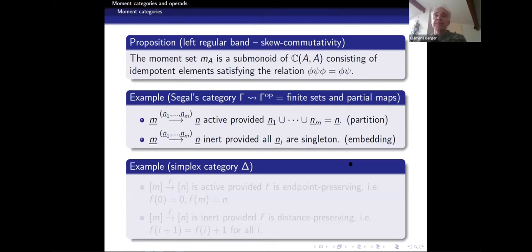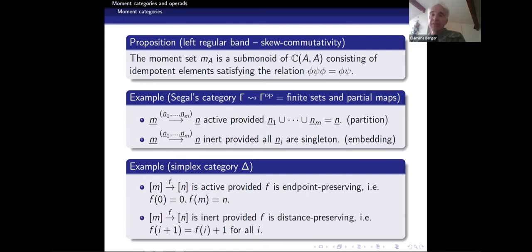The simplex category is the category of finite ordinals, and here you have a similar factorization system. An order preserving map is active if it is endpoint preserving. This means that it takes 0 to 0 and it takes m to n. And it is inert if it is distance preserving. This means that it satisfies the relation f(i+1) = f(i) + 1 for all i.